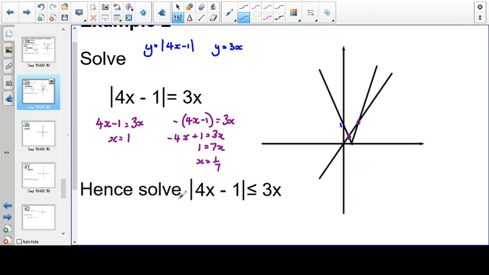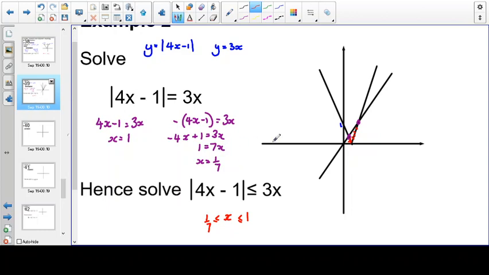Okay, hence solve where modulus 4x minus 1 is less than or equal to 3x. So where are the y values on the modulus function less than the y values on y equals 3x? Well, that is all of this bit of graph here. So all the x values are going to be between or equal to the x values in the previous question.